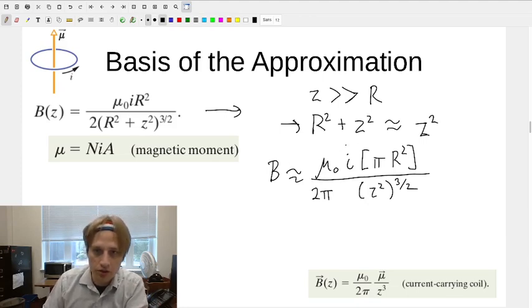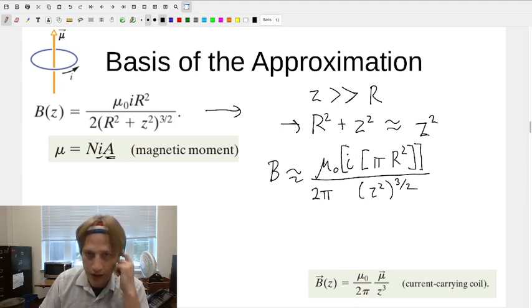Now, I want you to notice something. This I times pi r squared is your I times your cross-sectional surface area, and mu naught is just a constant.